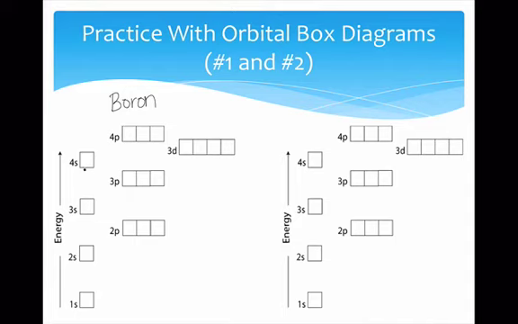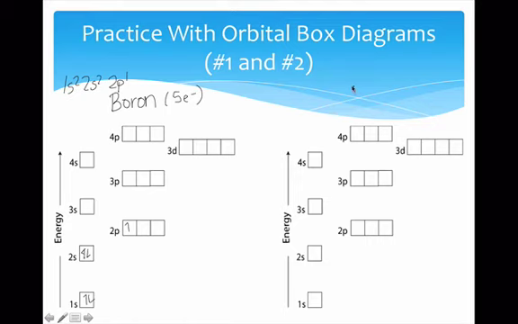Let's do this. 1s2, 2s2, 2p1. So we also know that boron has 5 electrons. So we go 1, 2, 3, 4, and then 5. And that matches this up here because we have 1s2, 2s2, 2p1.